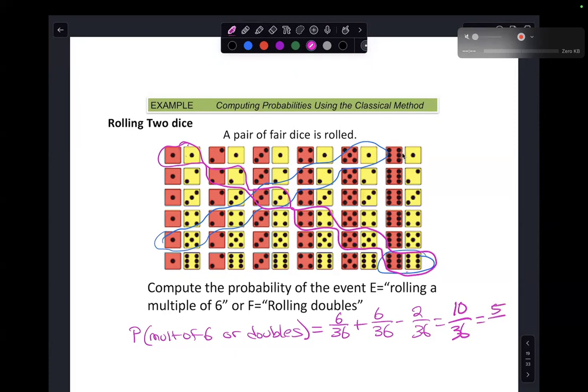All right, so yeah, about 28%. So 5/18 or 28%. So you have about a 28% chance of rolling a multiple of 6 or doubles. Any questions on this?